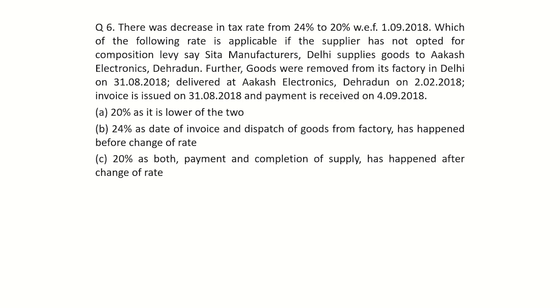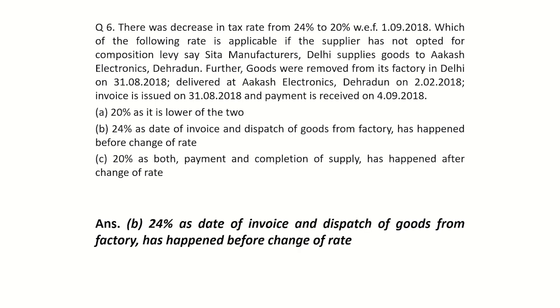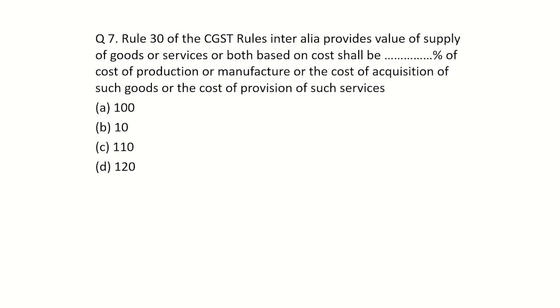Now, if we observe the provisions of section 14 with regard to the rate of tax when there is a change in rate of tax, in this case the answer would be 24%, since the date of invoice and dispatch of goods from factory has happened before the change of rate in tax, hence the earlier rate of 24% would be charged in such circumstances. Let's move on to the next question.